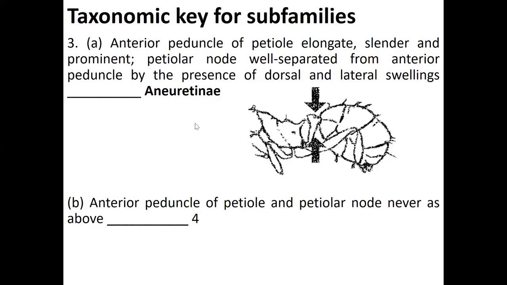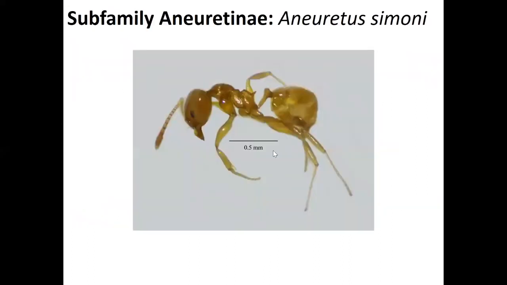If it is not this one, not an aneuretine, that means the anterior peduncle of the petiole node is never as above. So go to number 4. Here I am showing you Aneuretus simoni, with the peduncle part and the node part forming one structure, the petiole.